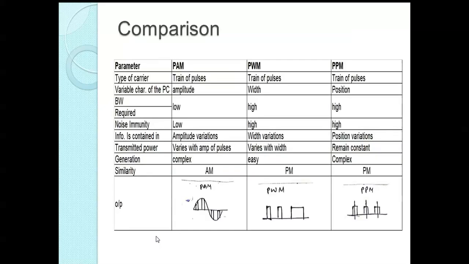Lastly, we'll see the comparison of all three which we have discussed today. Considering the types of carrier, since it is pulse modulation, the carrier will be a train of pulses. Here I'm changing the amplitude, here the width, and here the position.